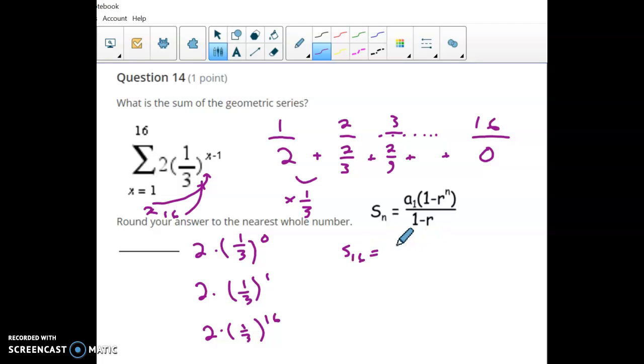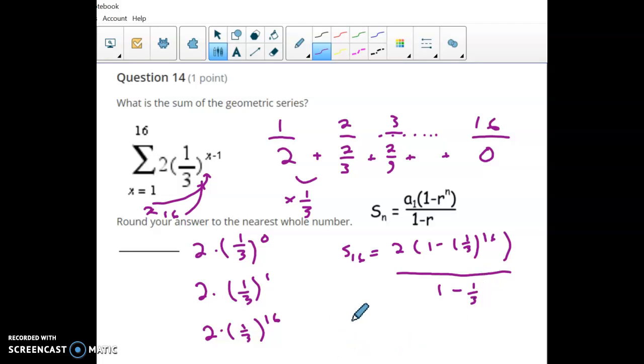The first term is 2. And we have 1 minus the rate, which is 1/3. So I do want to do that in parentheses, 1/3 to the n power, which is 16, since there's 16 terms. And divide that all by 1 minus the rate, which is 1/3.